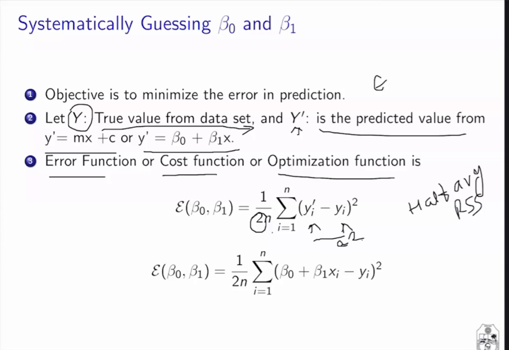Now in the second equation, I have substituted the value of the predicted term yi dash, which is nothing but beta 0 plus beta 1 times xi. This is the predicted value, or y dash, and the rest of the terms are the same.